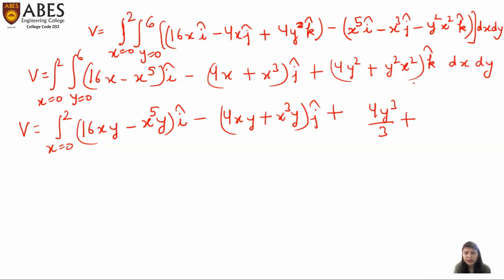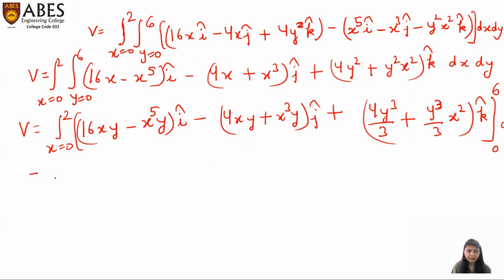The integration of y square with respect to y gives y cube upon 3, k cap. Now only dx will come, and the limit will be x equals 0 to 2.